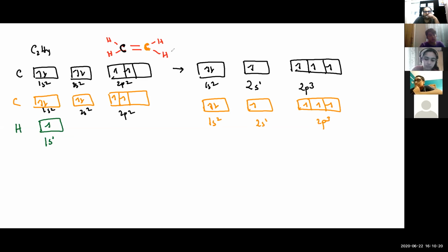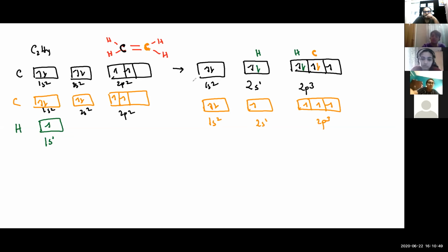So a hydrogen comes here, and a hydrogen here, and the black carbon is bonded to the orange carbon.